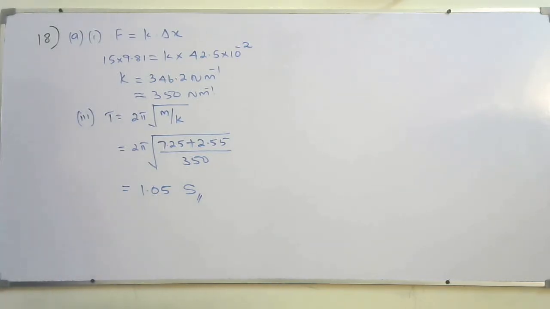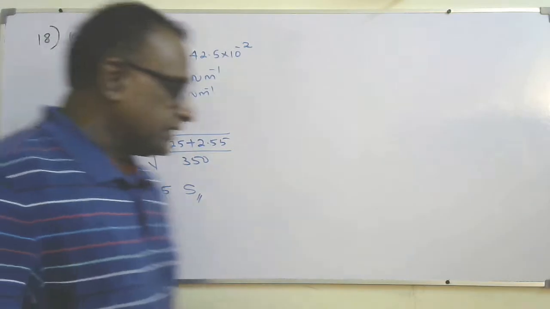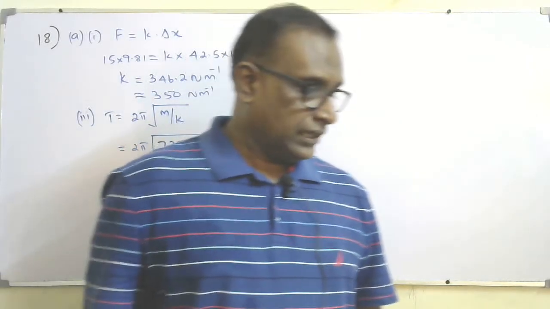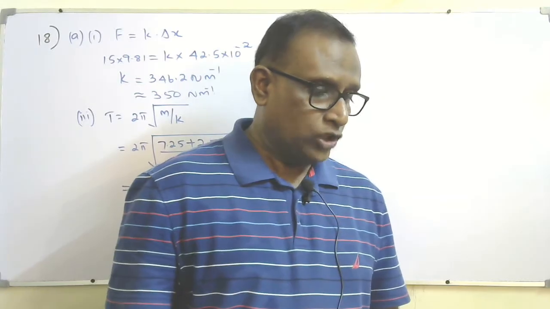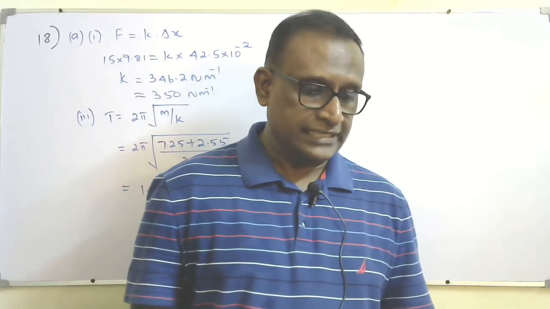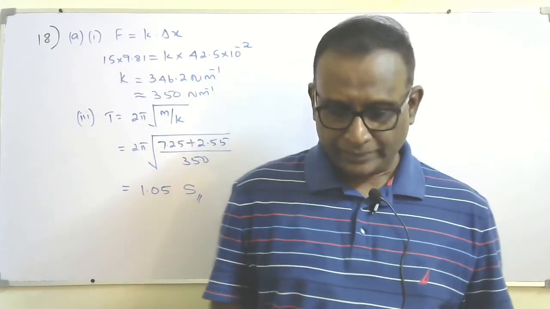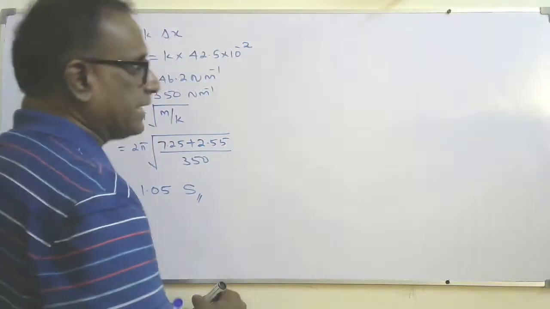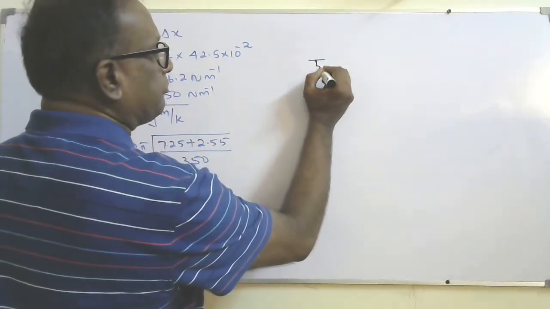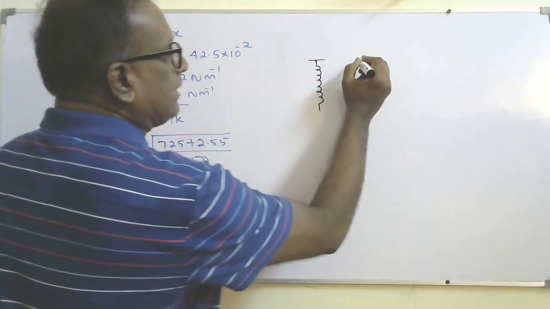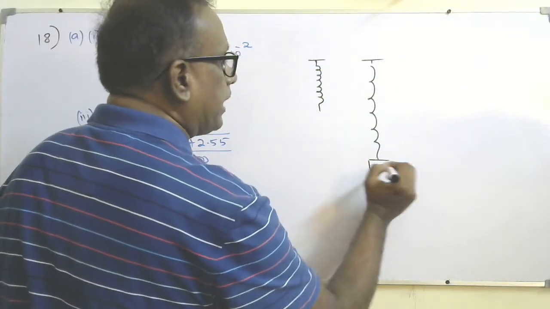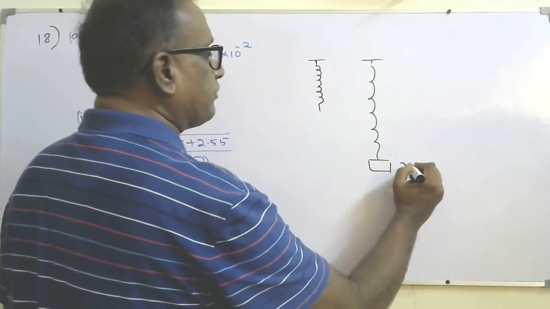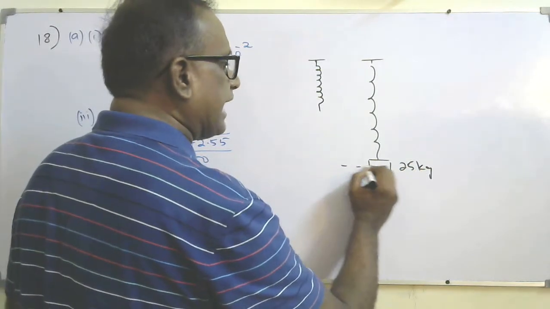Okay, question number 18, B part. The maximum mass that the spring can support before being damaged is 25 kilograms. That means if you just hang the spring and attach a weight, it will extend, and the maximum mass that can be attached is 25 kilograms when it is just at rest.